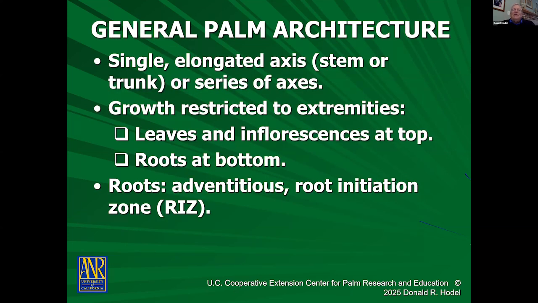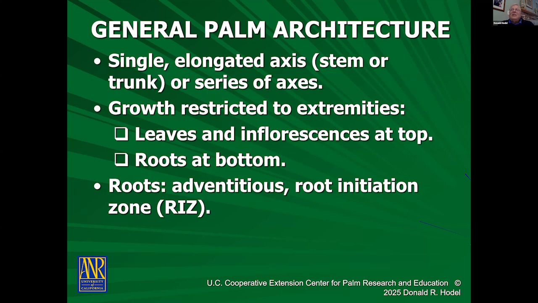So in terms of the habit of the palm, they have a single elongated axis, which is a stem or the trunk, or a series of these, which make up the habit of the palm. Growth is restricted to the extremities, so leaves and inflorescences and trunk at the top, and roots at the bottom.